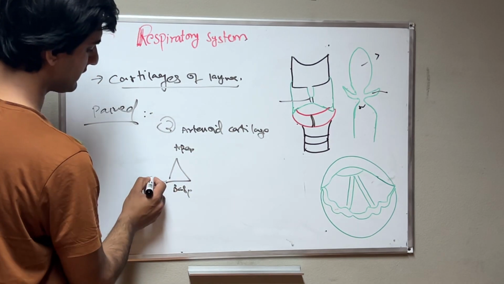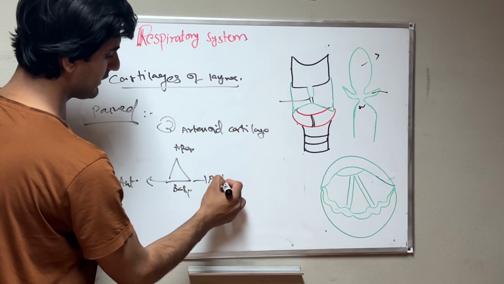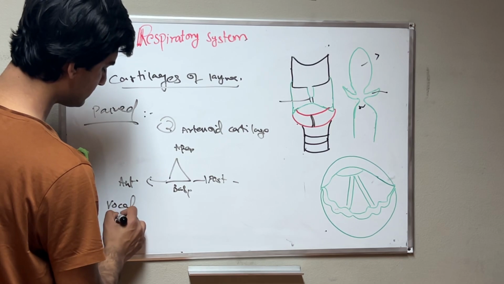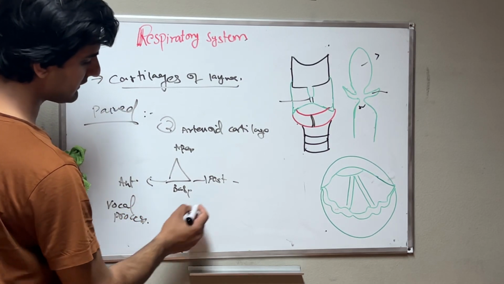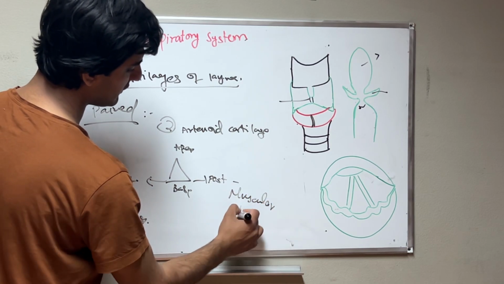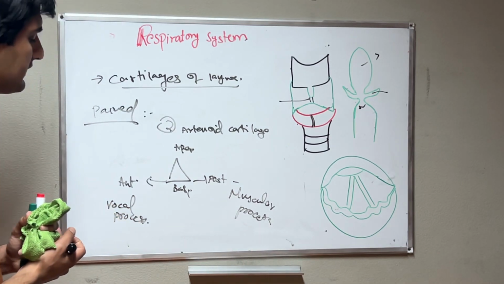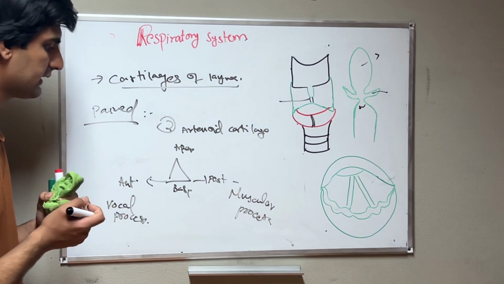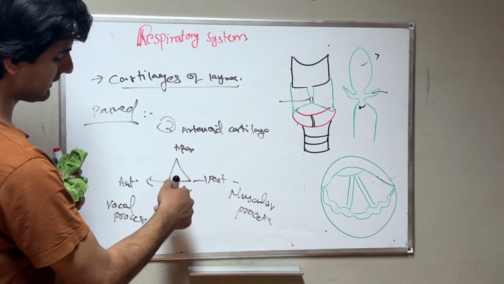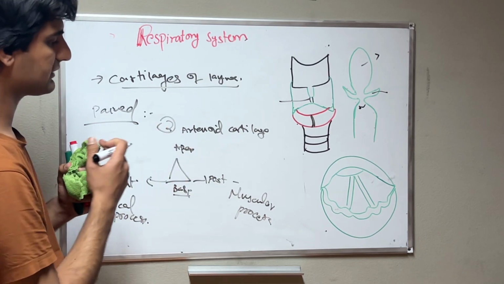The base has 2 processes, one anterior and one posterior. The anterior is called the vocal process, and the posterior is called the muscular process. Why muscular? Because on the posterior side we have muscles, and the anterior is for the vocal cord. The base attaches down with the cricoid cartilage.